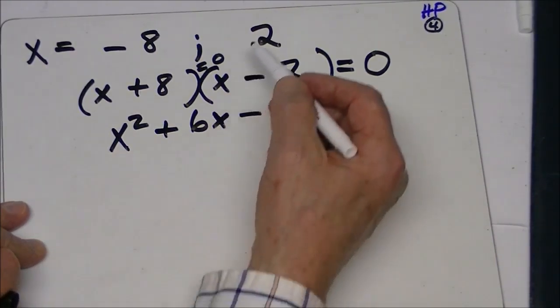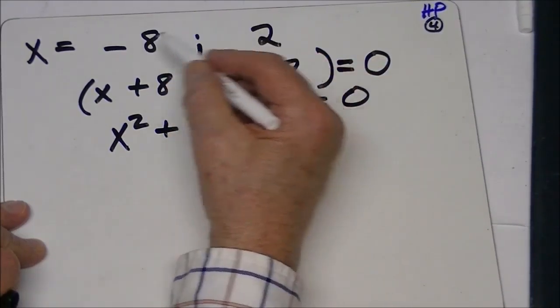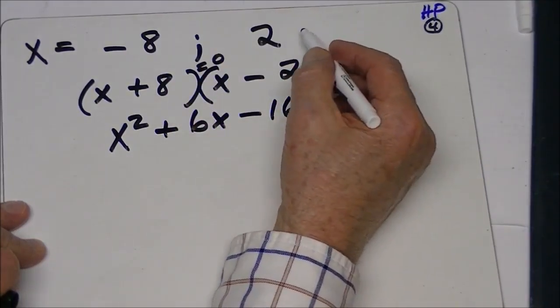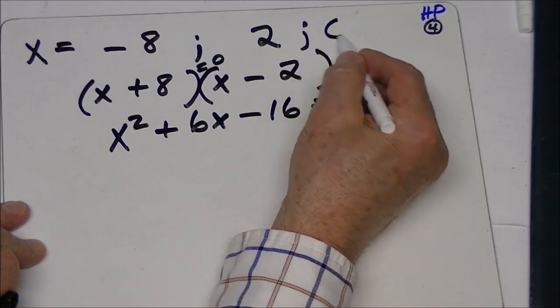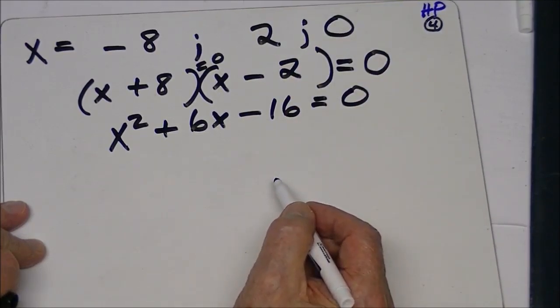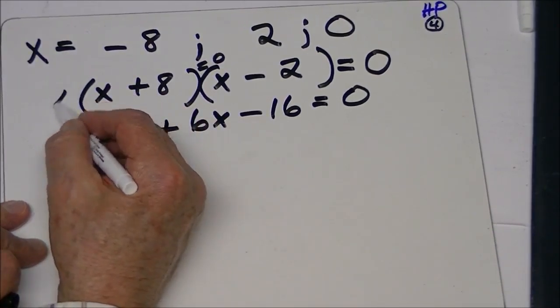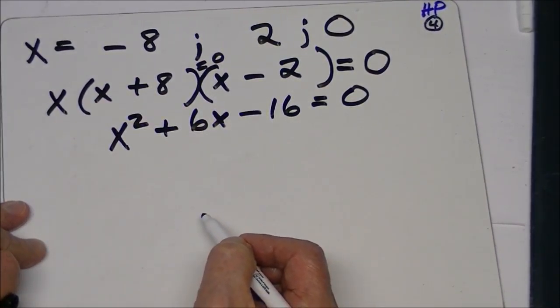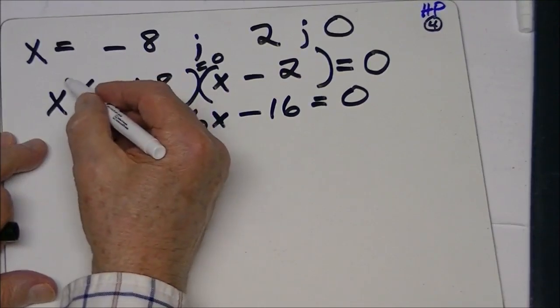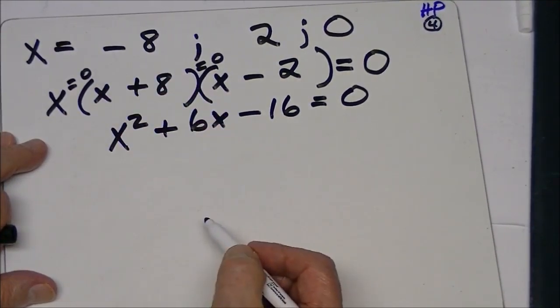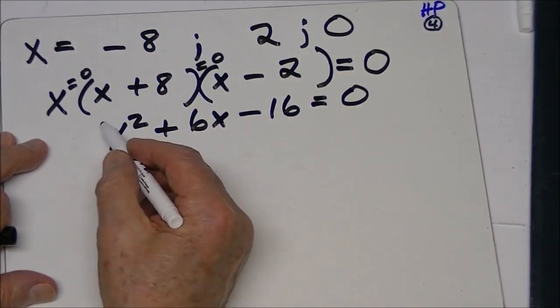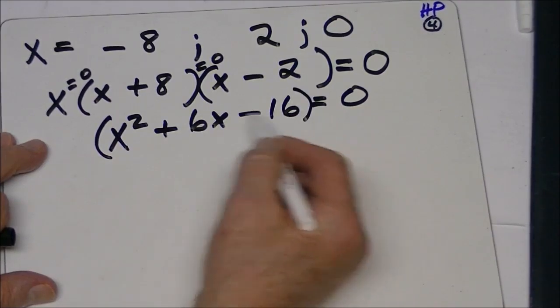Now, let's suppose that instead of just having these two, we also had a 0 as an answer. Well, there we would just have an extra x out there, that this x would equal 0. But what would then be your equation?